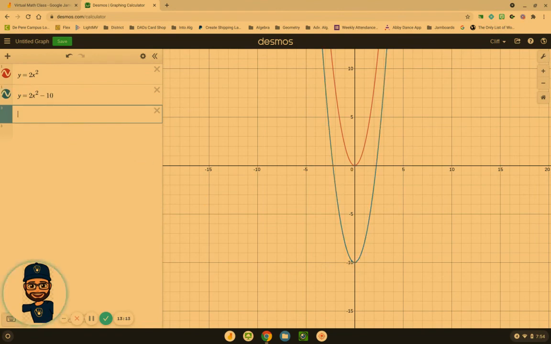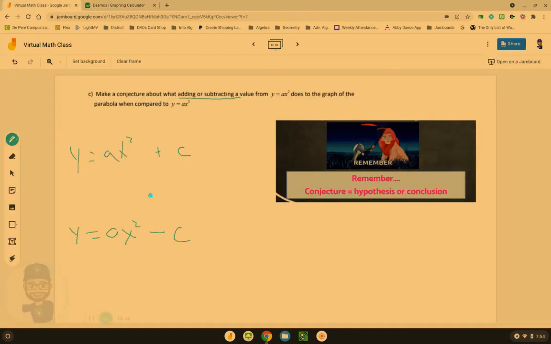What happens if I do the same one? y equals 2x squared, but let's add 5. It's in green. Well, what happened to the one from 5? It went up 5 units. So the conclusion here is that when we add c, the vertex moves up by c units.